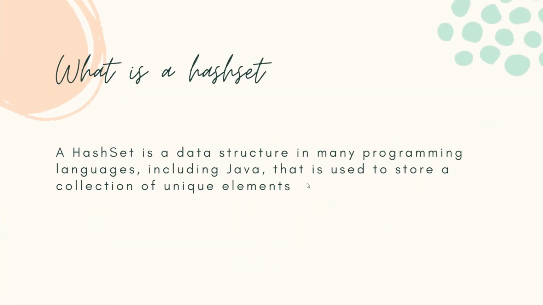So let's talk about HashSet first. What is a HashSet? A HashSet is mainly a data structure. It is provided in multiple languages, which includes Java as well, and we use this data structure to store a collection of unique elements. Suppose that I have a collection of five numbers, which is 1 1 2 3 3.